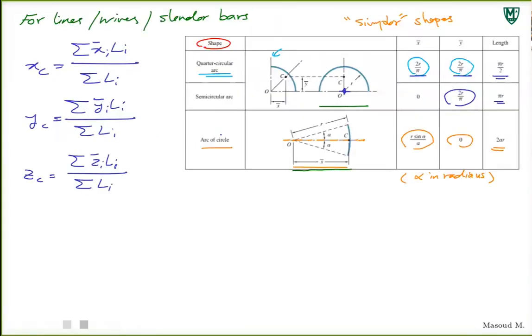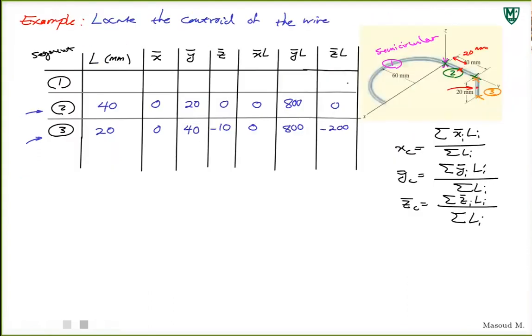Its length, if you go to the table, we are told that for a semicircular arc, which is this one, its length is pi r. Its length is pi times r, the radius, which is 60 millimeters, so it becomes 60 pi.